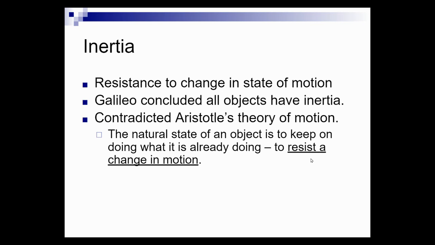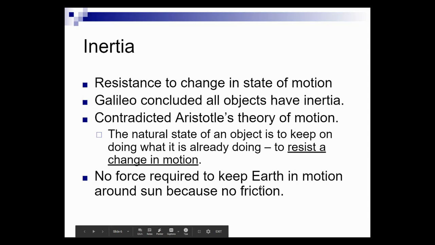We see that anytime you think of a large object: it takes a fair amount of force to get that object started moving, because of its inertia. No force is required to keep the Earth in motion around the sun because there's no friction. It's never going to slow down.